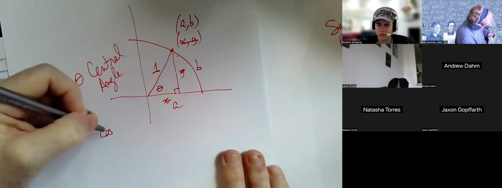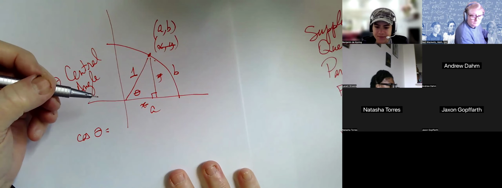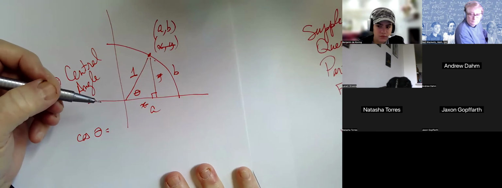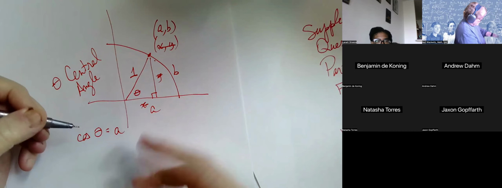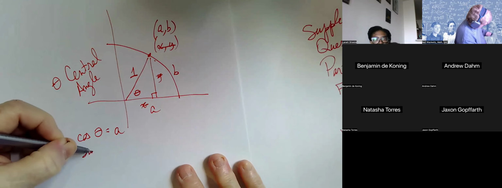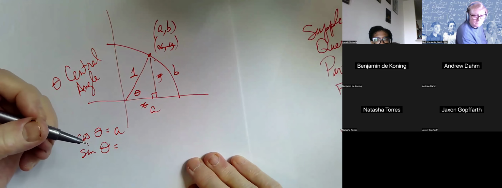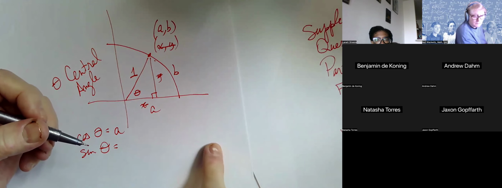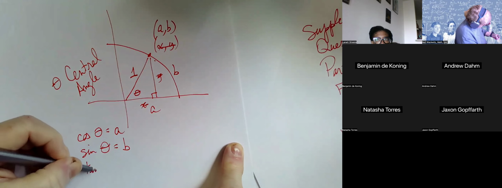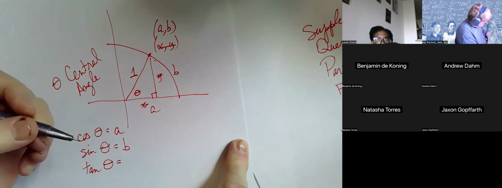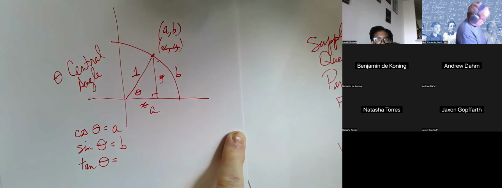What is the cosine of theta? a over 1. So for the unit circle, it'll just be a. And the sine of theta? b. Good. Tangent of theta, in terms of a and b? b over a. Beautiful.